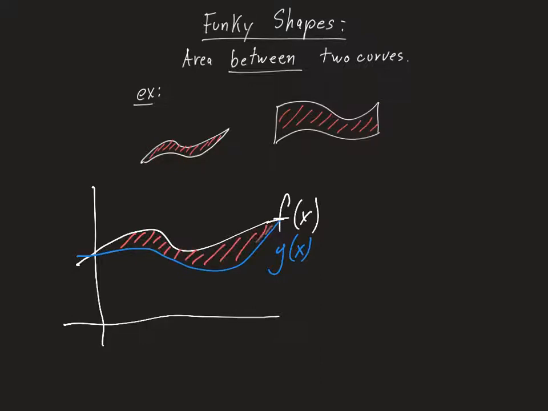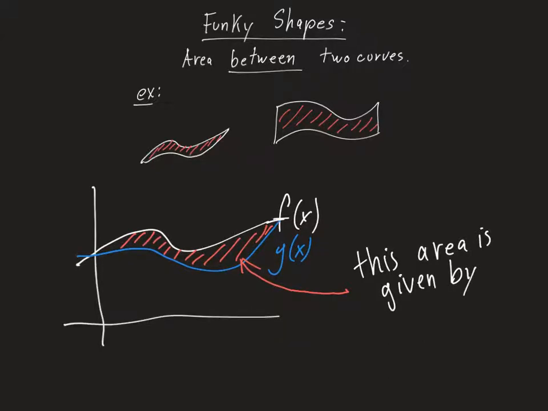Then we can use the definite integral to find this area. And the way that we do this is that the first thing we're going to need is to identify the two points at which they cross.